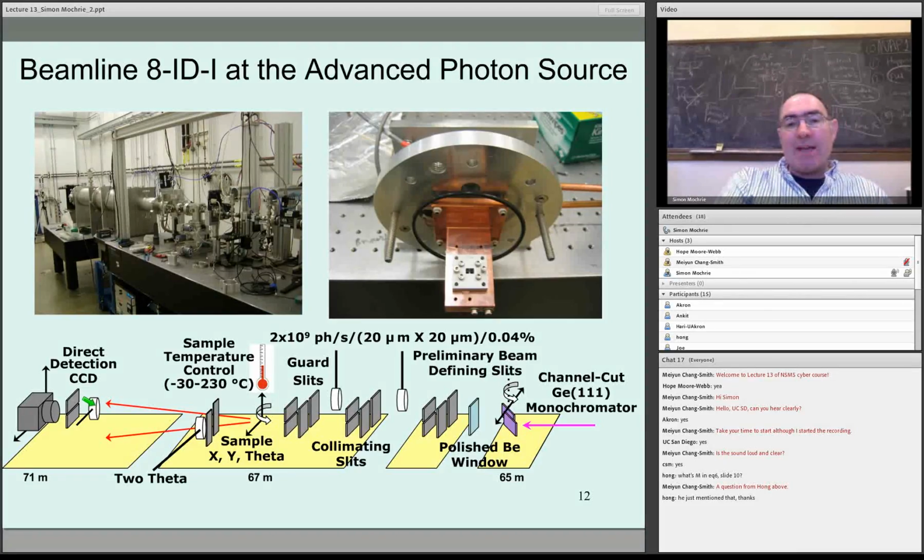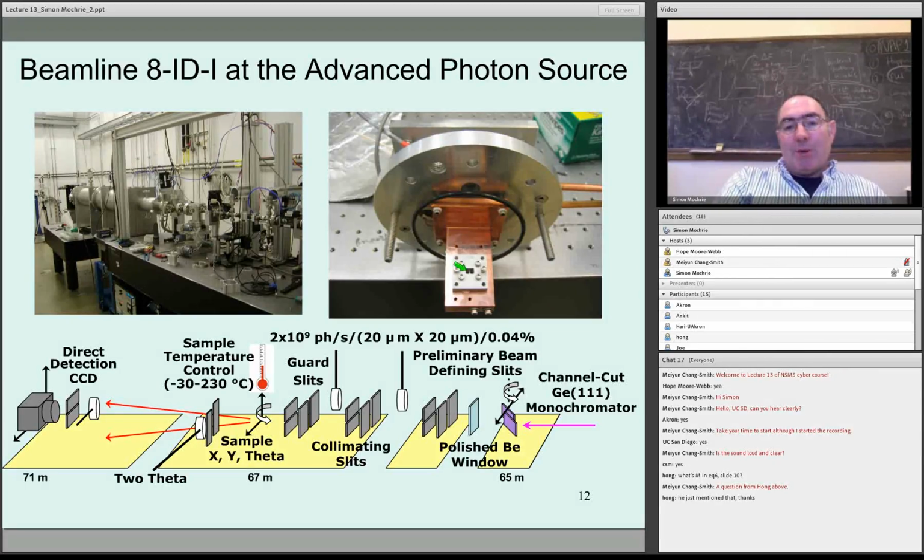Oh yeah, this is what I was saying before. This is our sample block, and you see this little rectangular opening in the block. This is a copper block, and there's an aluminum block mounted on it, and the hole in the aluminum block, this one here, is a hole to let the X-rays through.